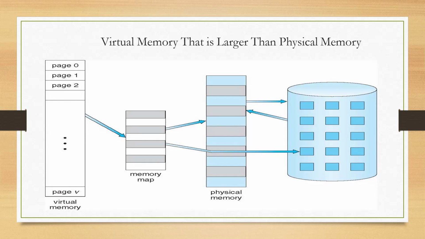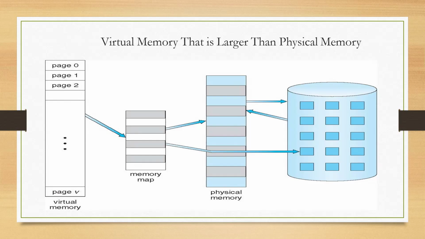So it is not possible to store all the content into main memory. Whatever we need will be stored into main memory instead of loading all the pages of a program. That is the concept of demand paging.